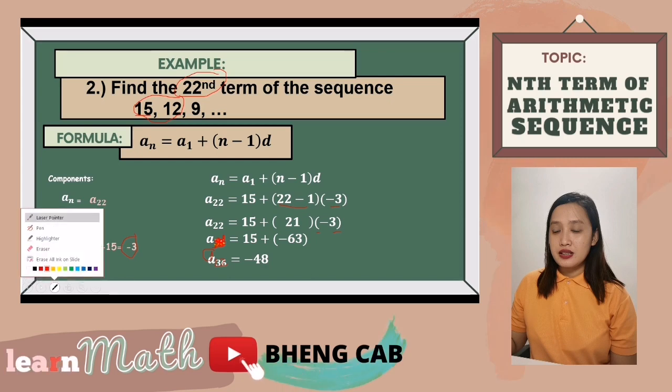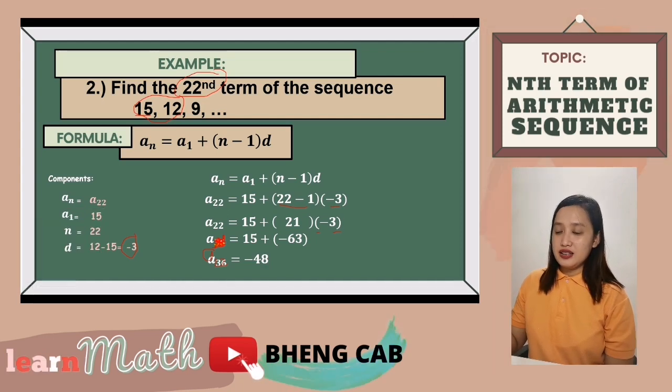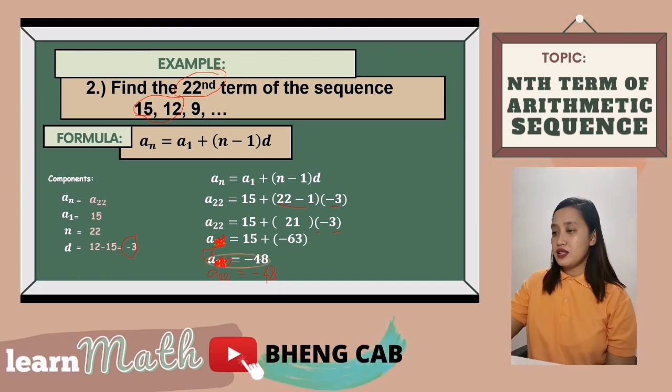erase it. So, meron tayo dito A sub 22 equals to 48. So, ganun lang kasimple. So, meron tayong A sub 22 equals to negative 48. Okay, so may mistake.